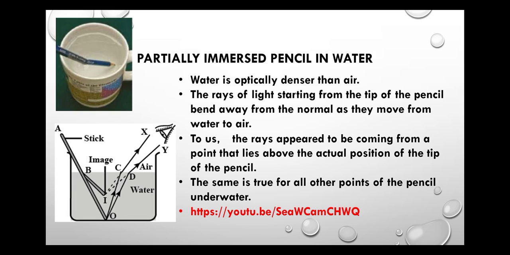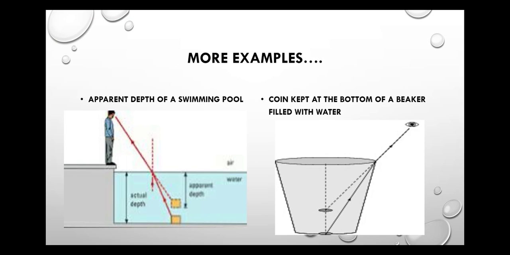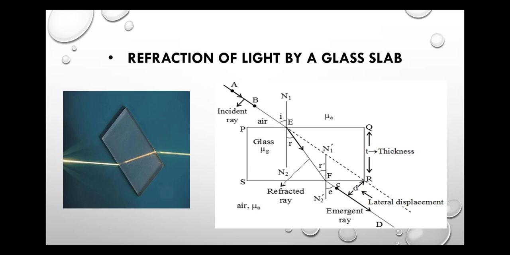So to us the ray appears to come from a point that lies above the actual position of the tip of the pencil. The same is true for all other points of the pencil under water. Similarly, because of this, you can see the apparent depth of the swimming pool. The actual depth is more than the apparent depth.